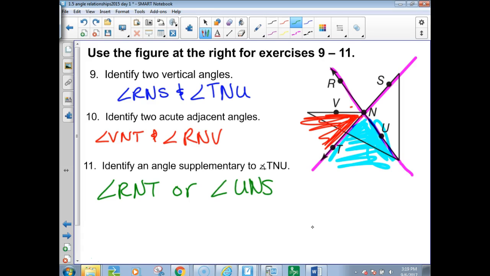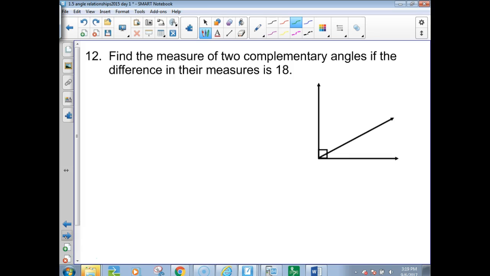Good. Okay, I think I'm finding out that a lot of you are comprehending what I'm trying to get you to comprehend. All right, now this is hard for a lot of kids. So listen, please. You see a 90 there. And then you got to read these words and you say, what do I do? Find the measure of two complementary angles if the difference in their measures is 18. What does difference mean?